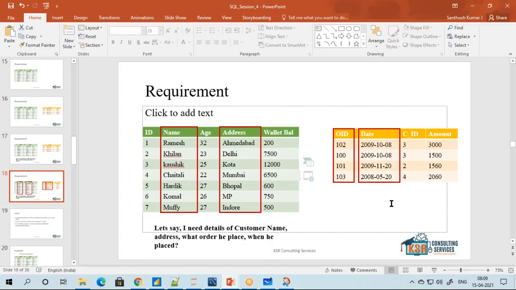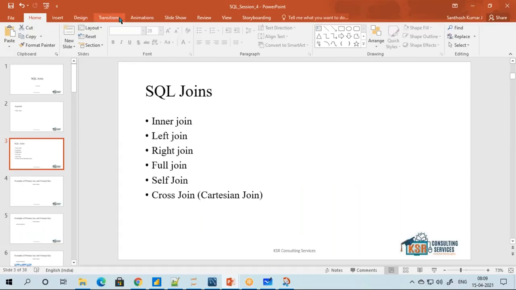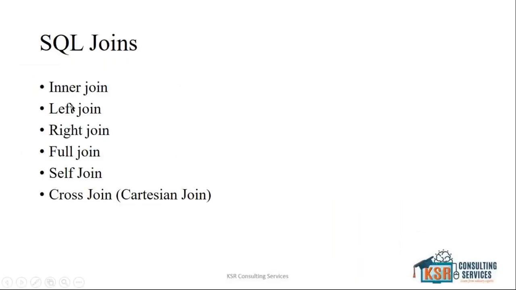Next, after using the inner join, someone asked me, I need employee information of whoever has not purchased anything. My best way was left join. I used left join and I answered it.